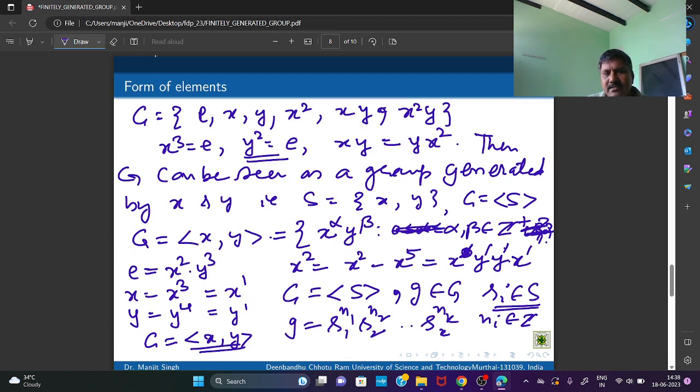When the order of every element of S is finite, the ni can be taken as plus or minus 1, because of the notion of inverse. If the elements of S are not of finite order, then we write in such a form.